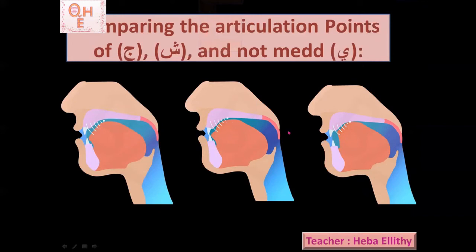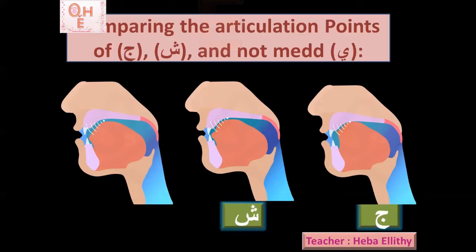And this is the difference between Jim and Shin. If you don't close this area completely, it will turn into the letter Shin. Aj, ash, aj, ash. So for letter Jim, I have to close this area completely.